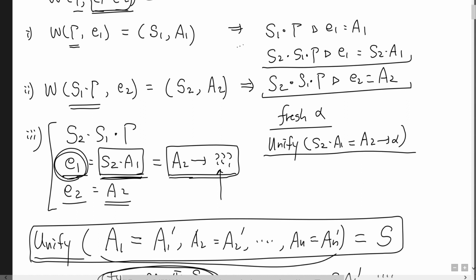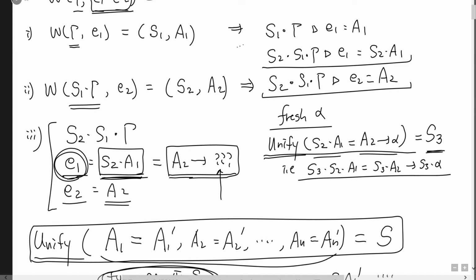But suppose that this returns substitution S3. If this unification algorithm returns successfully with type substitution S3, then these two types are indeed unifiable under S3. What that means is that S3 applied to S2 A1 is equal to S3 applied to A2 arrow S3 applied to alpha.